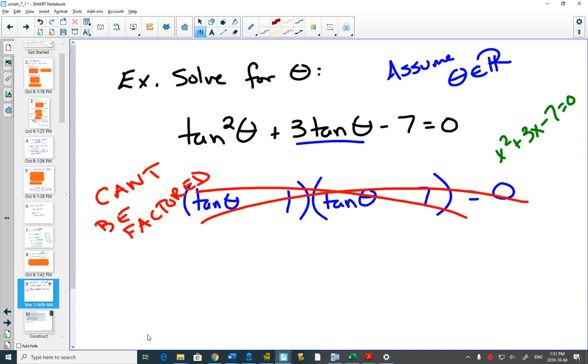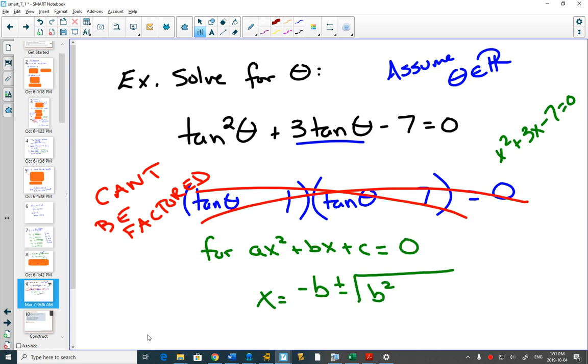So your quadratic formula looks like this. On your formula sheet, for ax squared plus bx plus c equals 0, x is equal to negative b plus or minus the square root of b squared minus 4ac, over 2a.